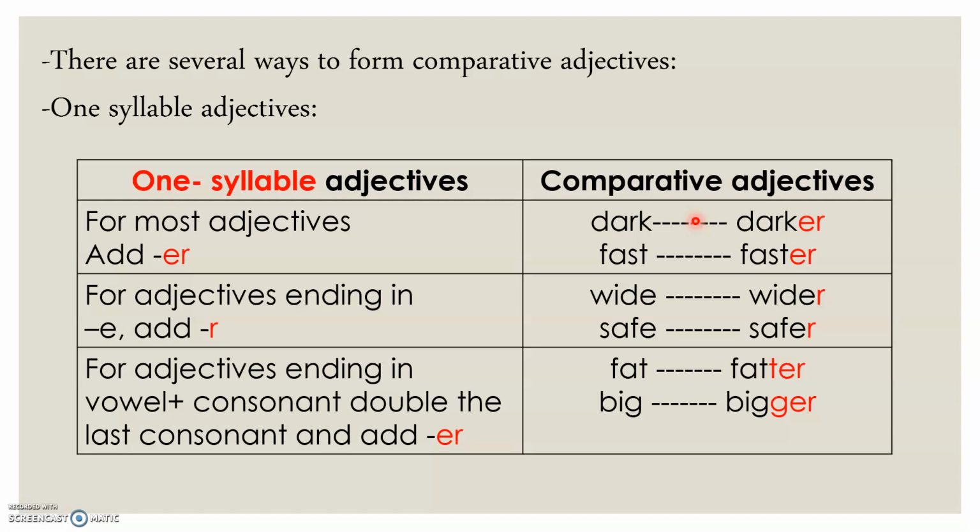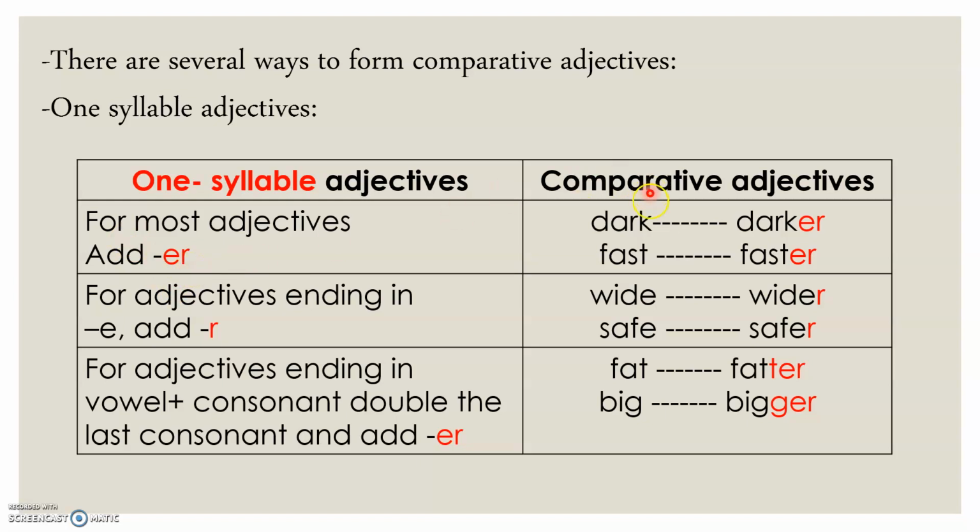Okay, try to clap the adjectives when you say them. If the adjective is a one syllable adjective, what do we do to make the comparative adjective? For most adjectives, we add ER to the adjective.